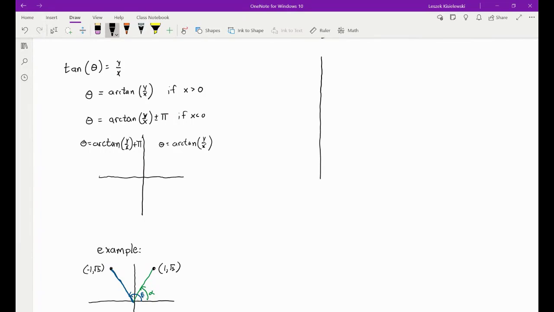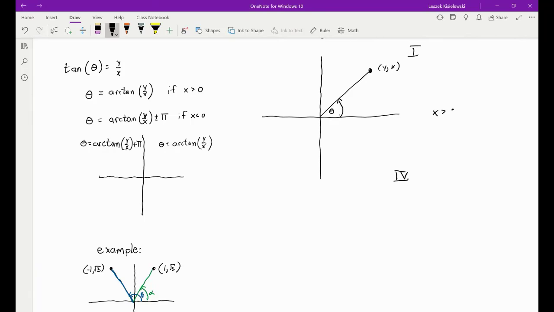Well, I kind of drew a picture already. So if we are in the first or fourth quadrant, then arctangent of y over x will return a theta that's valid for our point.